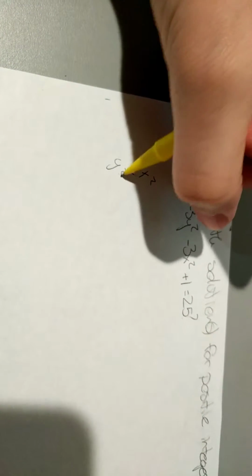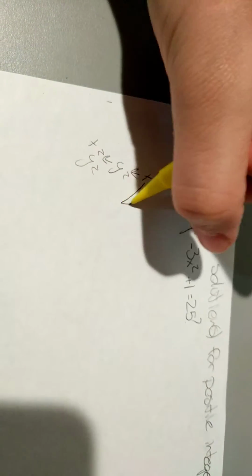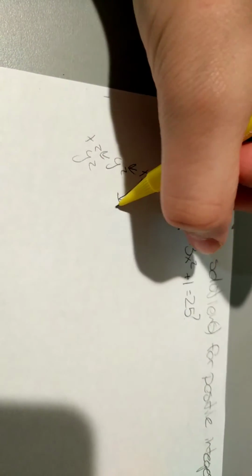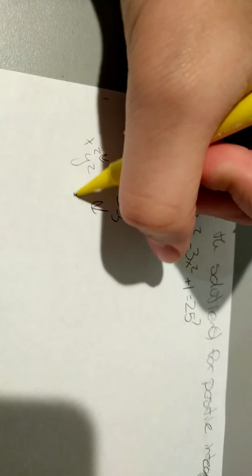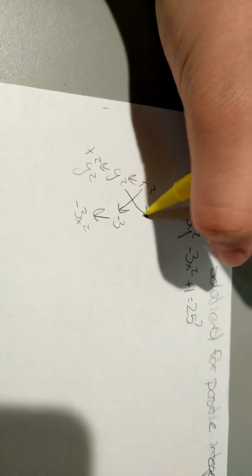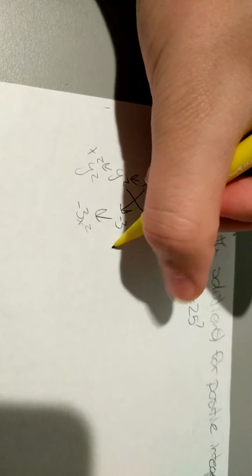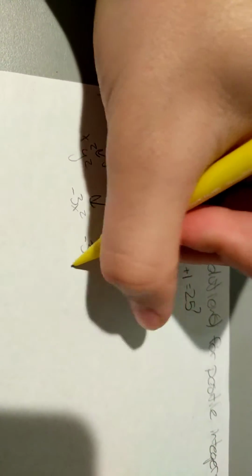Basically what you do is I have x squared here and y squared here. So when multiplied together, I have x squared y squared. And then I need to multiply it to get this coefficient. So I have minus 3, so it would be minus 3x squared. And then to get that one, I have minus 3, so I get minus 3y squared.